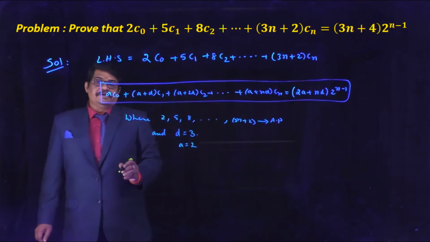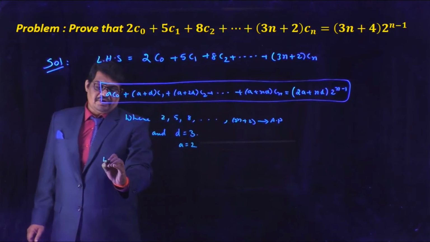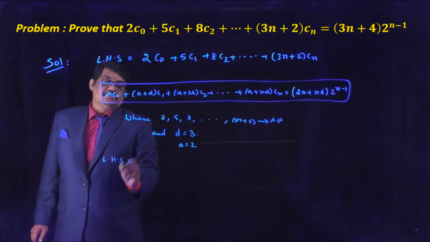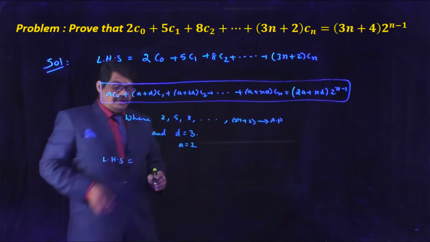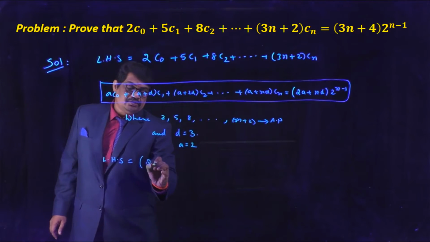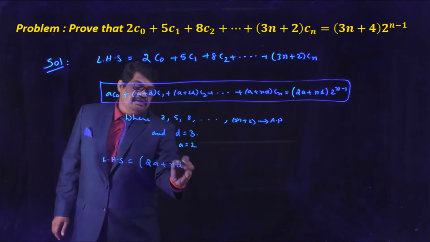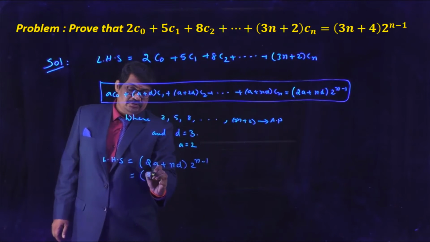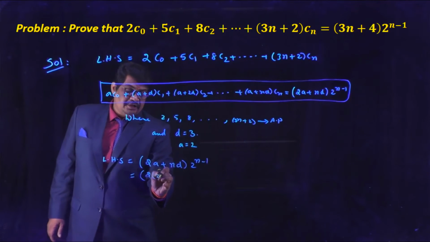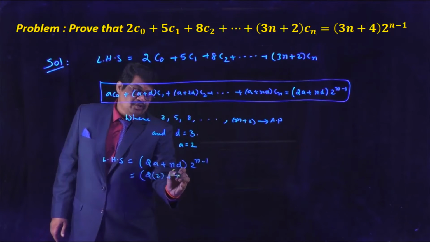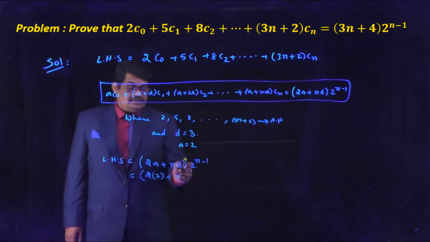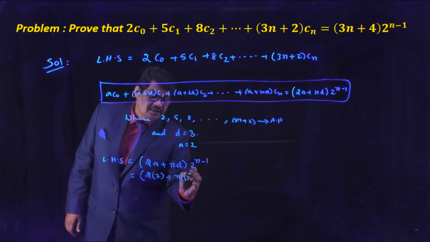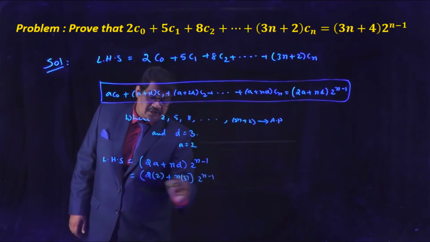Now we are writing this LHS. This series can be written as (2A plus ND) into 2 to the power of n minus 1. That is 2 into A, which is 2, plus n into D, the common difference, that is 3, into 2 to the power of n minus 1.